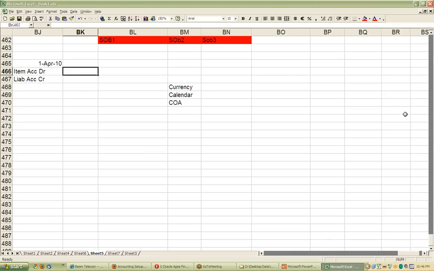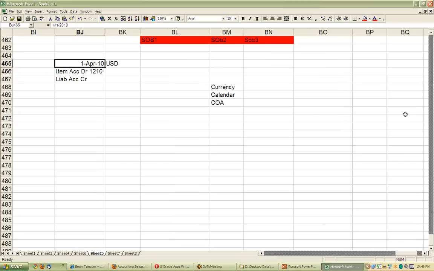This will naturally be for a currency, and for some account code, 1210. So you have a calendar, that is nothing but the date, you have a currency, and you have a chart of accounts, 1210. These are all the C's required for creating an accounting entry.